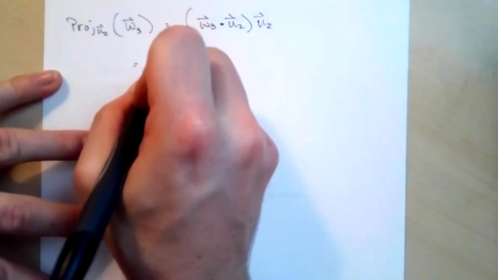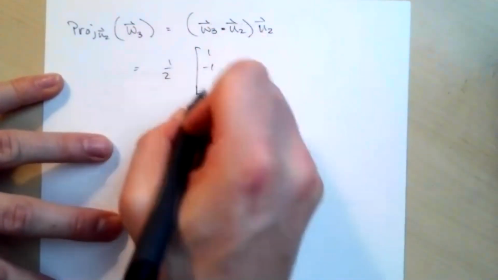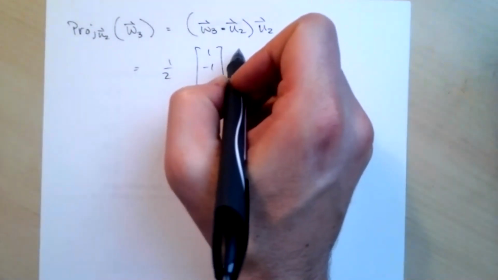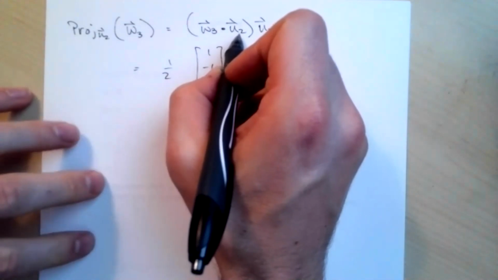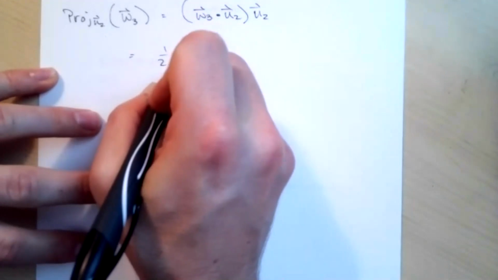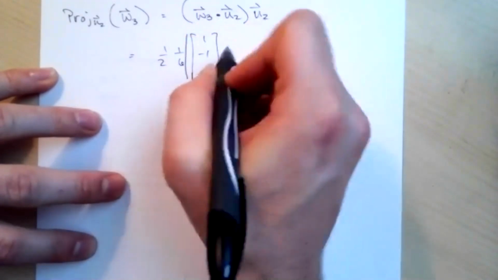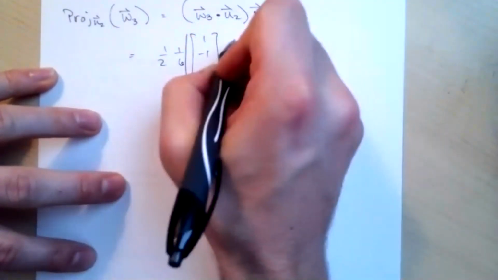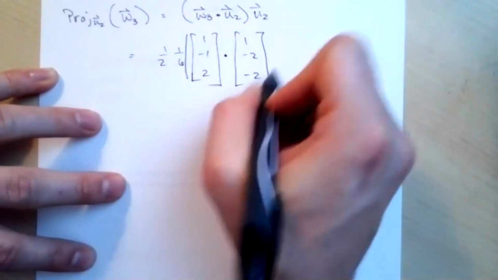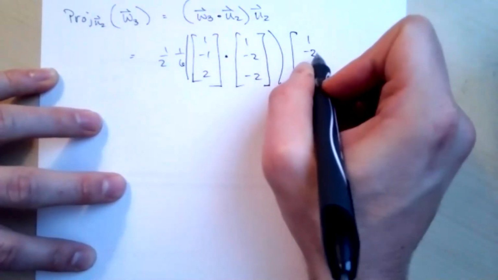So we are going to get a 1/2. We're going to have our w3 integer components, 1, minus 1, 2. And then our u2, in the dot product, we'll have a factor of 1 over square root of 6, and in this one we'll also have a factor of 1 over square root of 6. So dot product with 1, minus 1, 2 in the direction of 1, minus 1, minus 2.